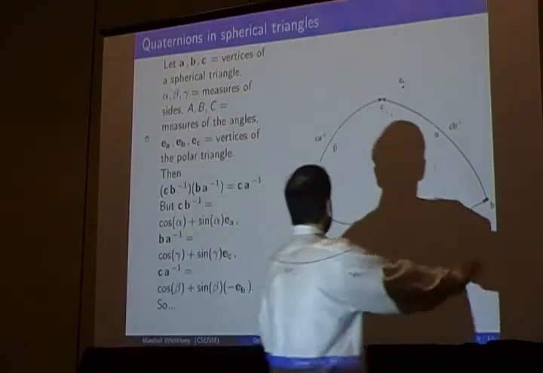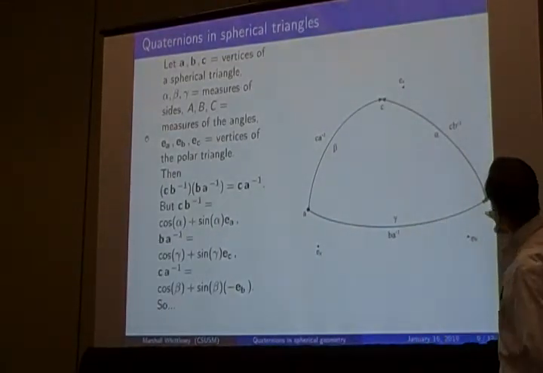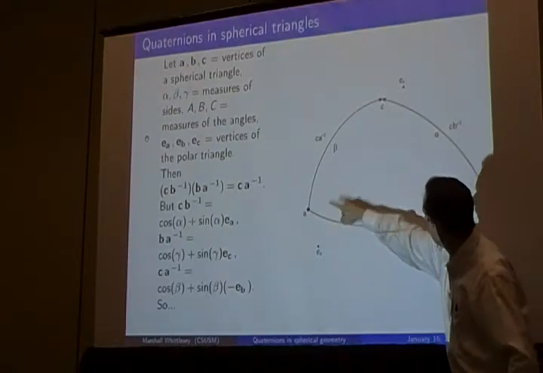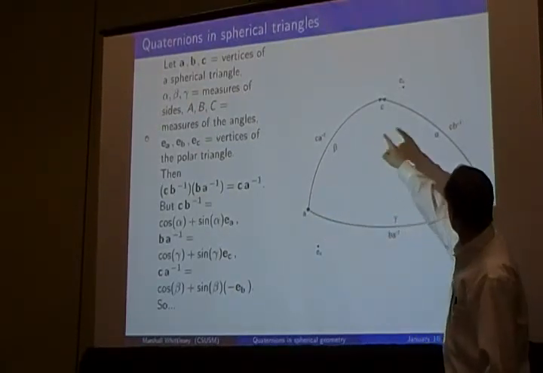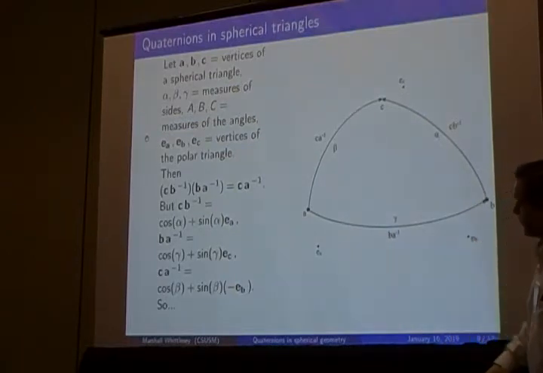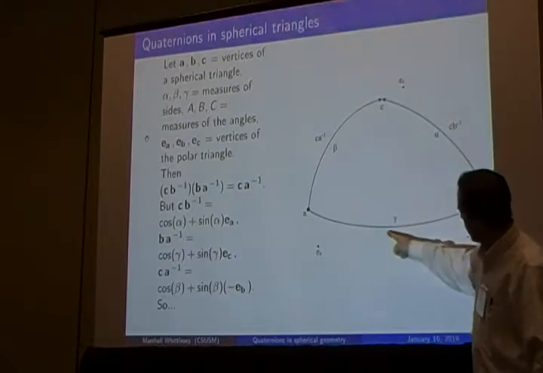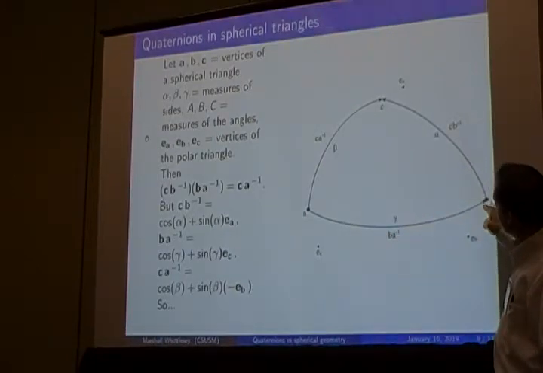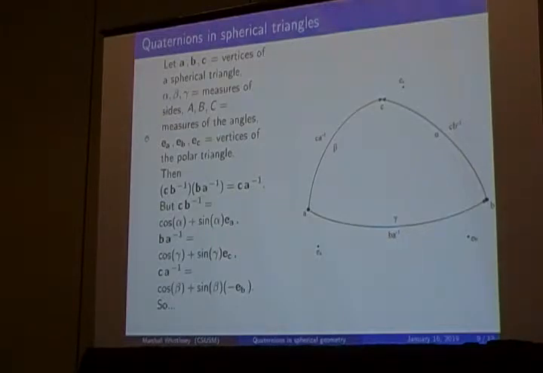This is a triangle with great circle arcs. So there's a sphere, and each one of these points, A, B, and C, is a point on the sphere, and AB, AC, and BC are the great circles between them. And I've drawn each of these sides as directed great circle arcs, from A to B, from B to C, and from A to C. All right?